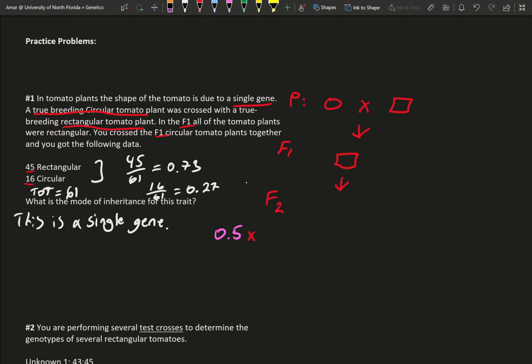Basically, a 0.5 could mean that you're getting either 1/2, so a ratio of 1, or it could also mean that you're getting a ratio of 2.